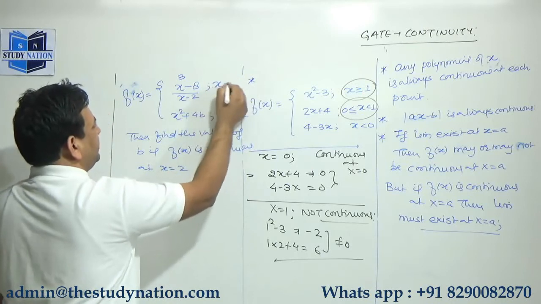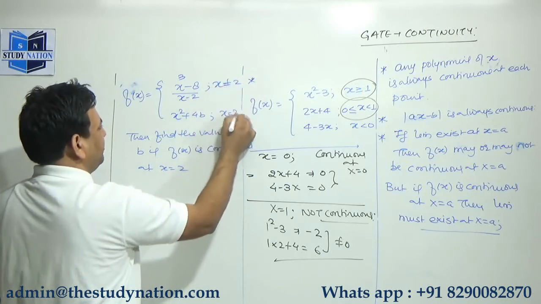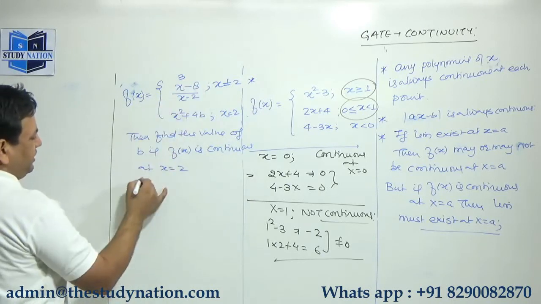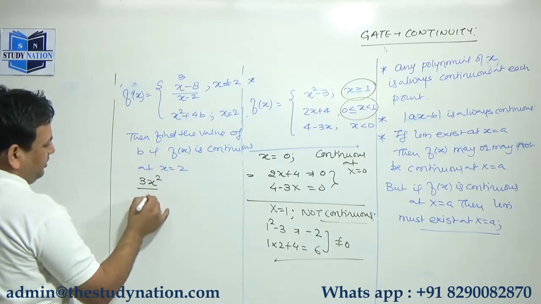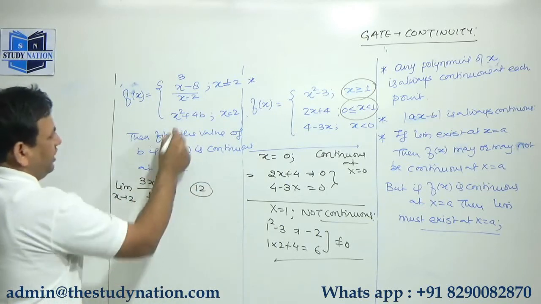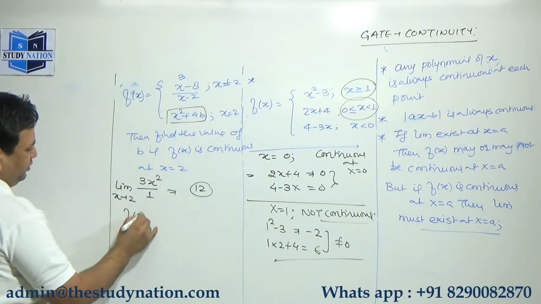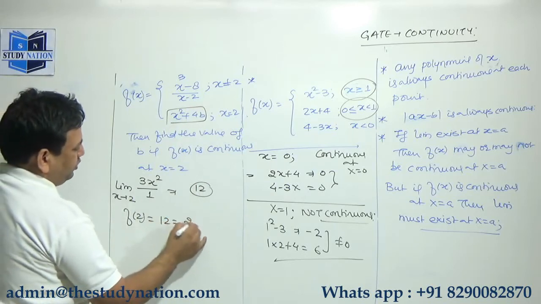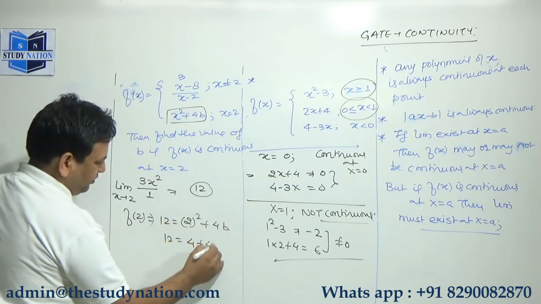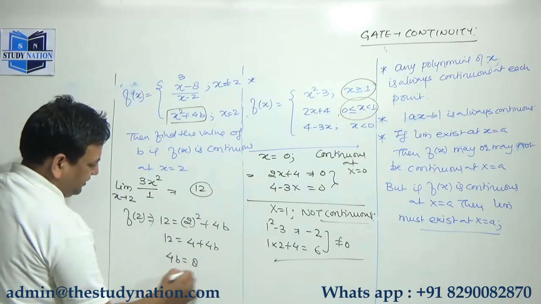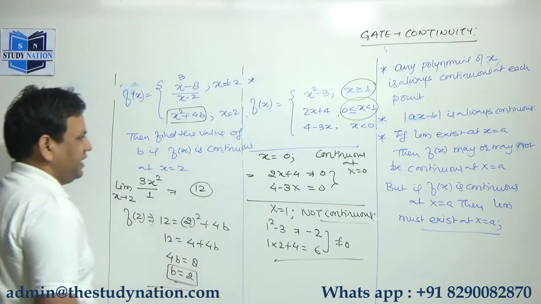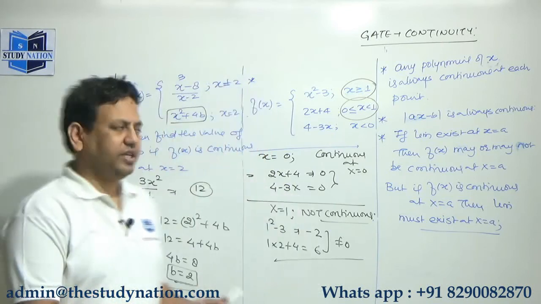I have changed the question: x is not equal to 2, and then x equal to 2. If it is continuous, we check the limit. We get 3x square upon 1 as x goes to 2, which is equal to 12. Now this should be equal to f(2). f(2) is 12, which is equal to 2 square plus 4b, so 12 is equal to 4 plus 4b. So 4b is equal to 8. So b is equal to 4. Sorry, b equal to 2. This way we can check that the function is continuous, then we can calculate the value.